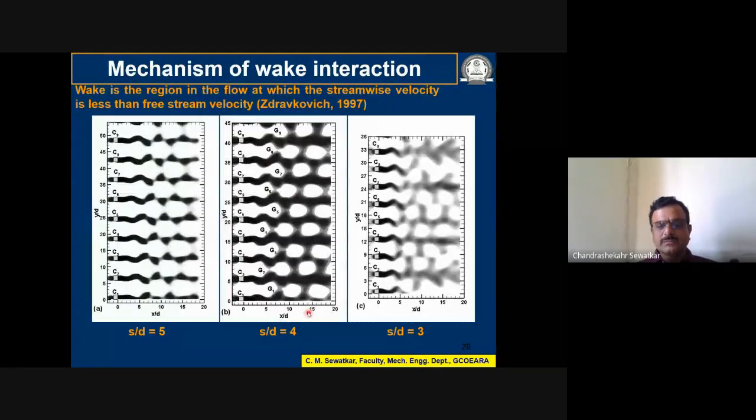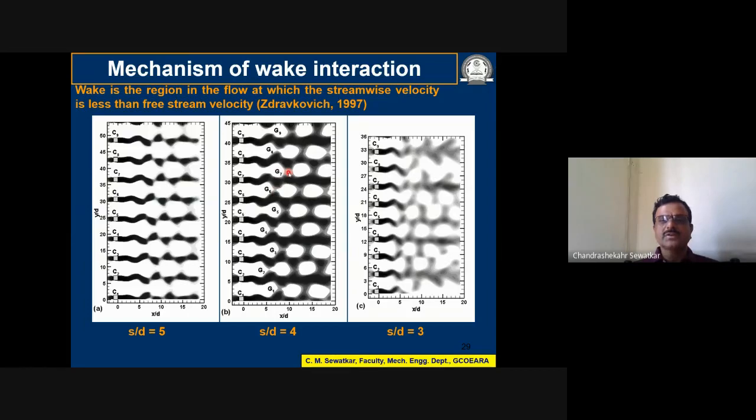When I reduce the spacing to, let's say, 4, we did simulations for S by D more than 5 also. The wakes are independent. But when S by D is 4, you can see there is a structured interaction between wakes. These wakes are interacting with each other.